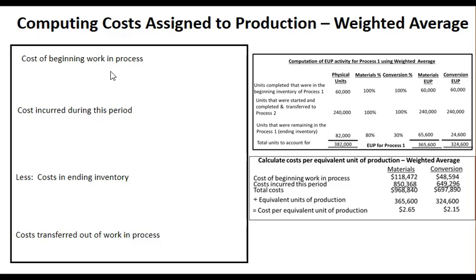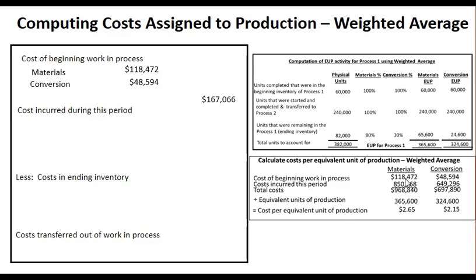We're going to do the same process, basically trying to determine what the costs are being transferred out of work in process. Again, we have a cost of beginning work in process plus cost incurred during this period minus the cost in our ending inventory equals the cost transferred out of work in process. So our cost in beginning inventory, our materials, are $118,472 and $48,594.